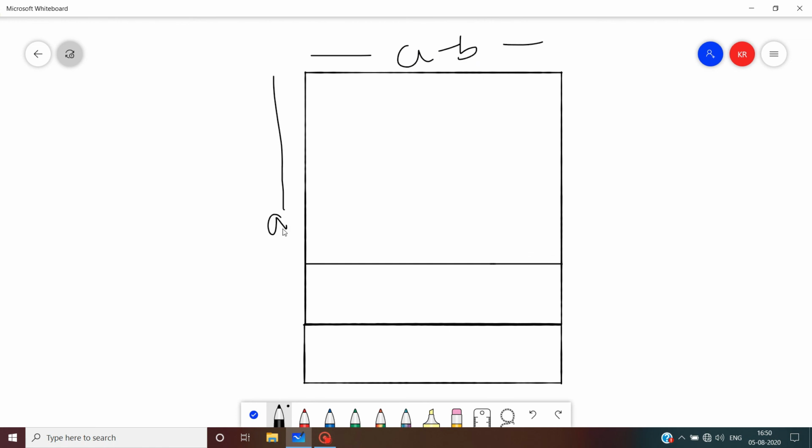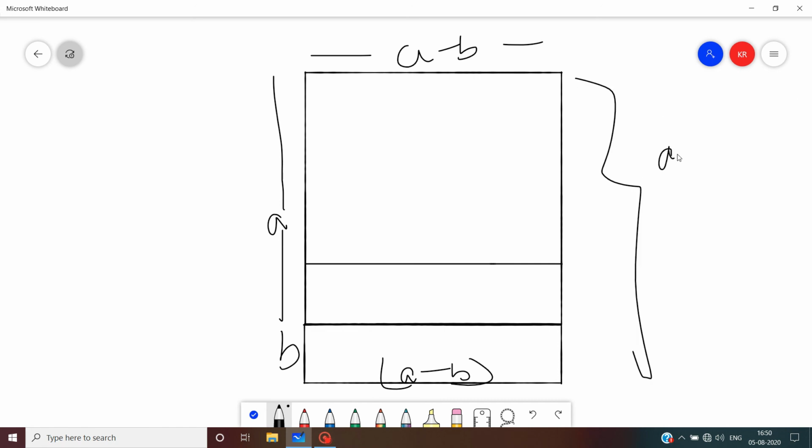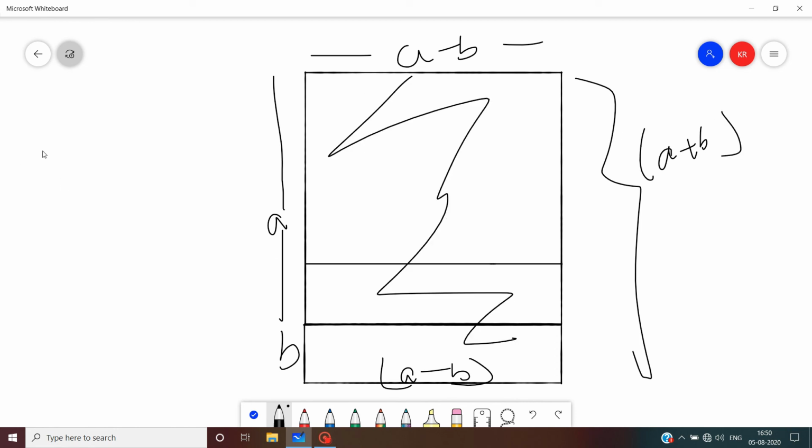Up to this it will be a, but we added another part with length b and a minus b, right? So we have the length common and added breadth. So the whole length will be a plus b, right? So the total area of this rectangular part is (a + b) into (a - b).